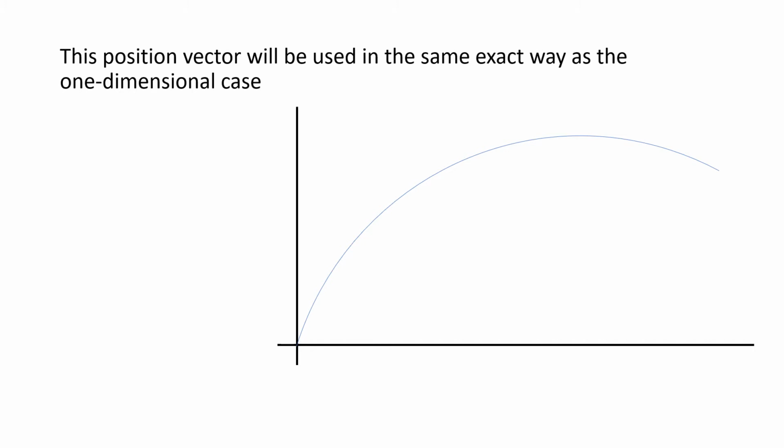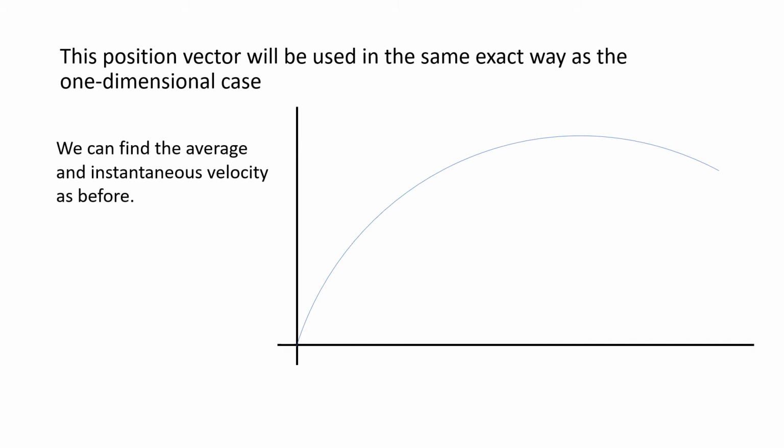We can use this position vector that I called R exactly the same way as we did in the previous chapter with just position. So we can use that to find velocity, and then we can use the velocity to find acceleration. It's all pretty much exactly the same. So we can use that position vector to find velocity.